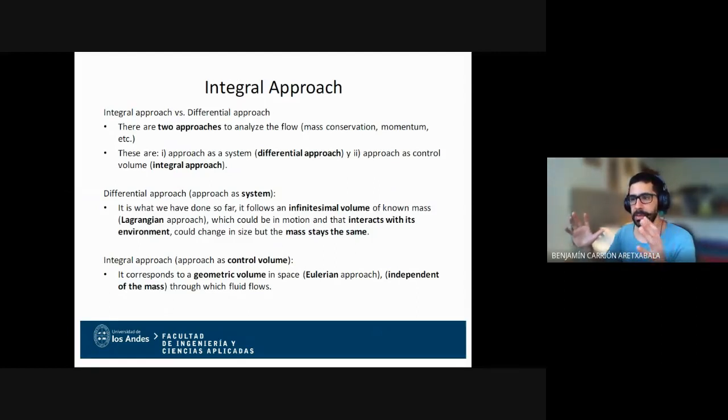What happens into, let's say, a fixed region of the space. Okay, it's a bit more Eulerian, but I wouldn't make the difference between Eulerian and Lagrangian, so that's not really very important.